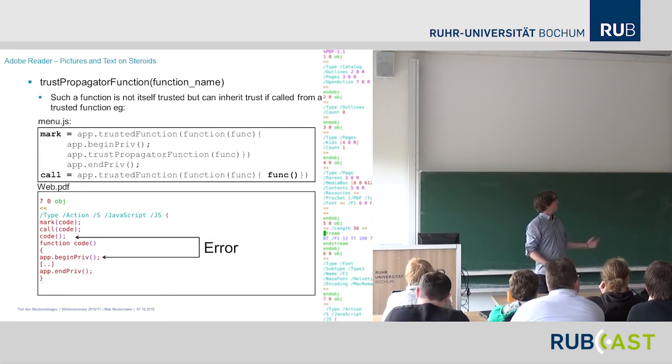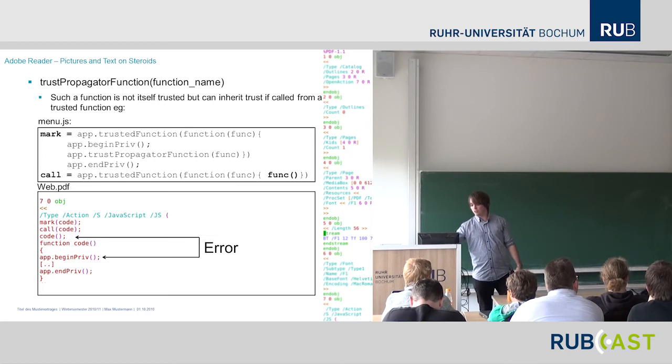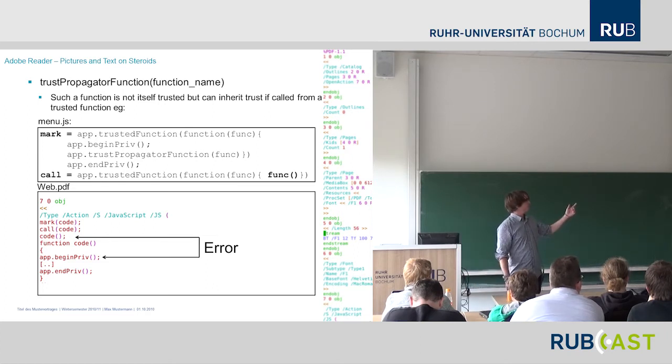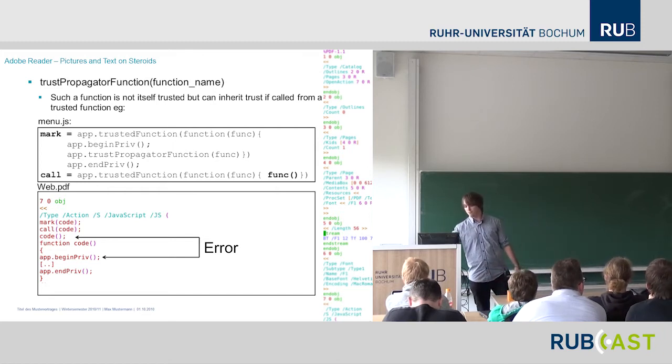So as an example, if we specify two files called mark and call, and mark gets a function and marks it as a trust propagator function, and then we have the call function, which is also trusted and just calls a function which will get passed. We can mark our function and call it. But if we just call it directly when it's marked, you will get a security error by app.beginPriv that you're not permitted to do so, because it didn't inherit trust like it should.